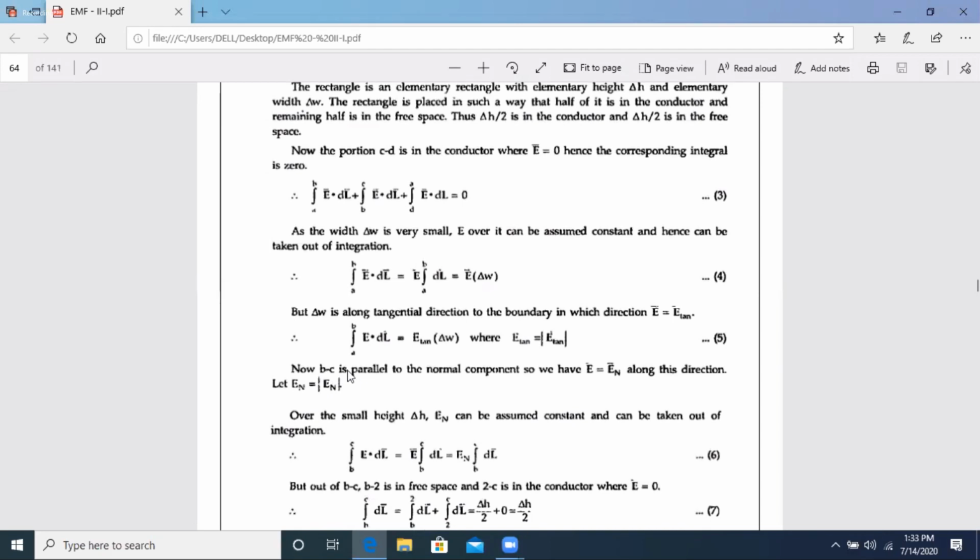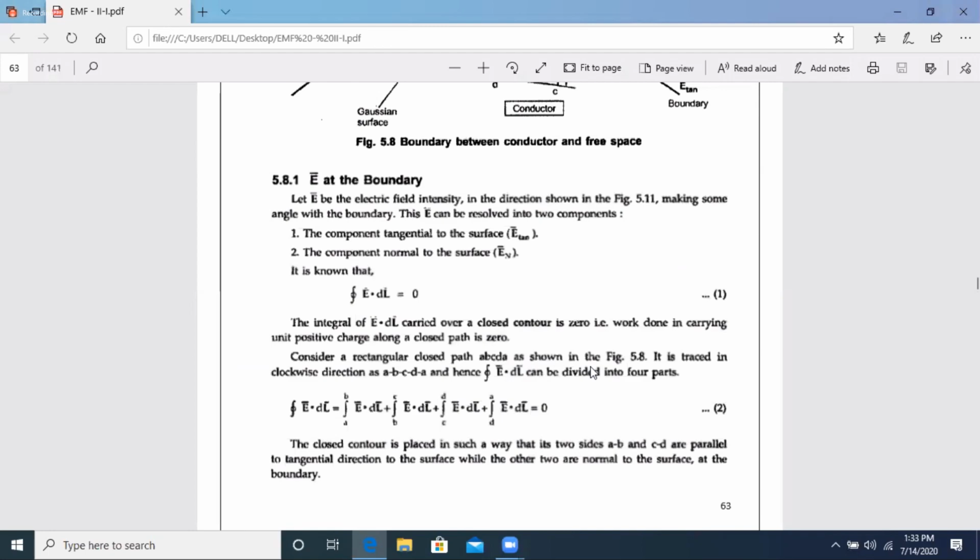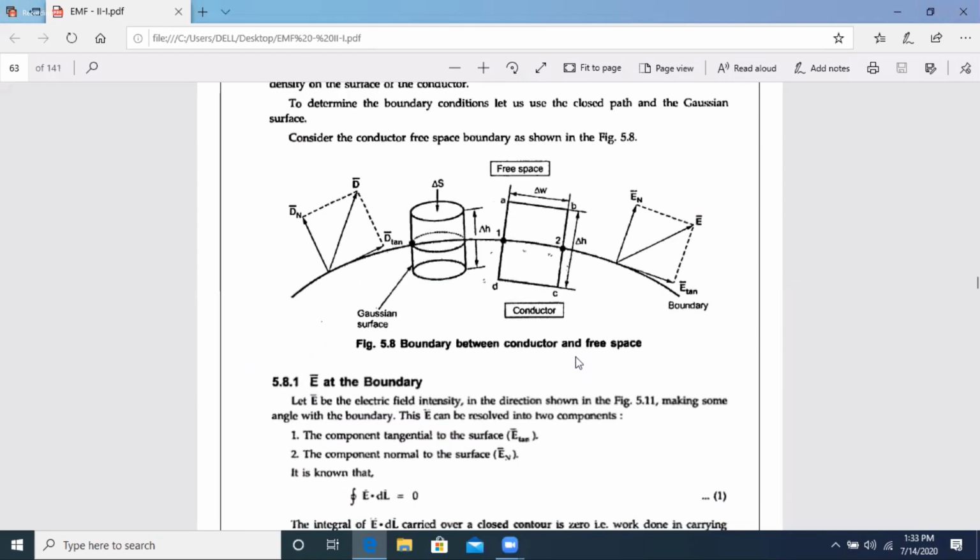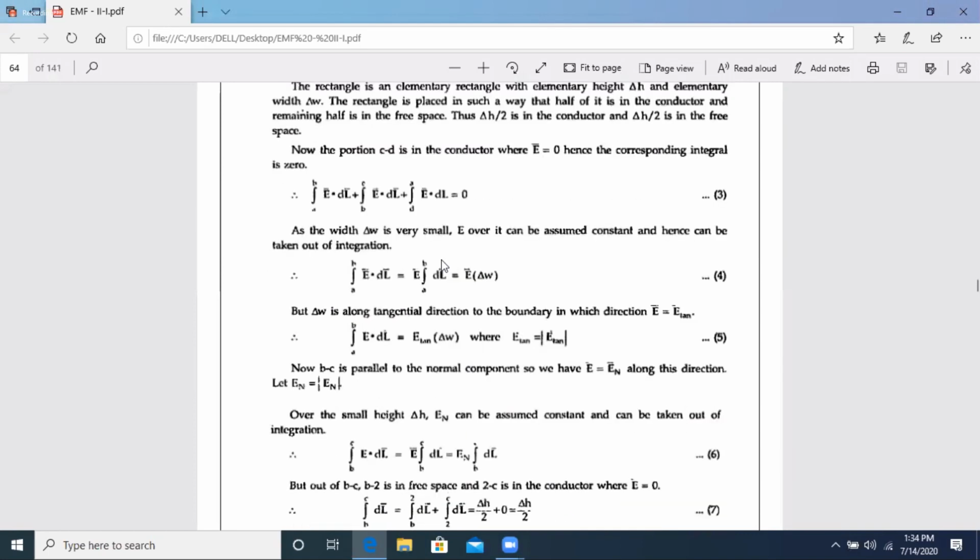B to C is parallel to the normal component of E. This is the normal component, or this. So E normal is this.